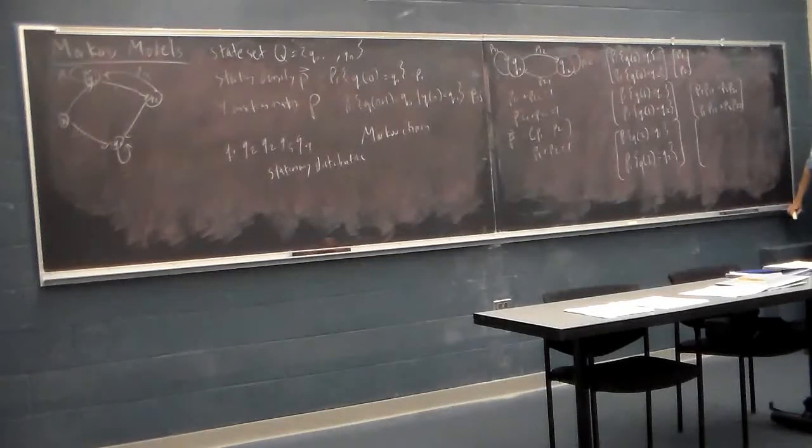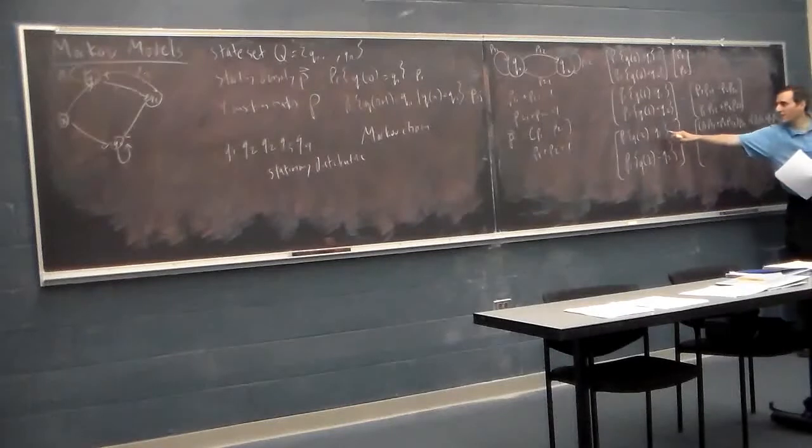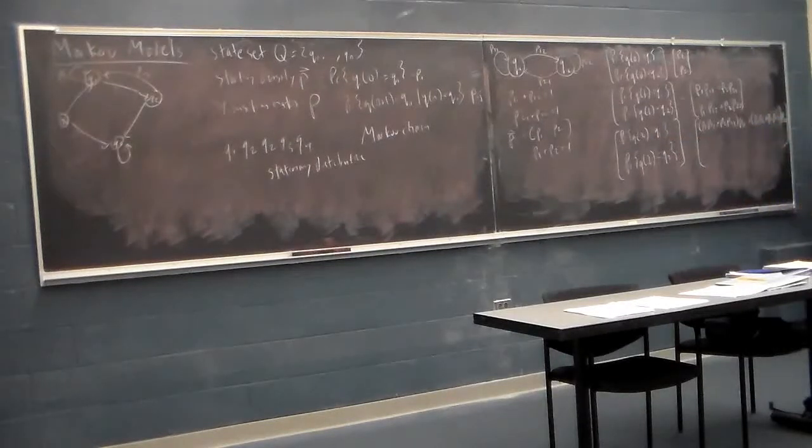We would say either it was in state 1 at step 1, we have that probability here, P1 P11 plus P2 P21, and then stayed in state 1, the probability P11, or it was in state 2 at step 1 with probability P1 P12 plus P2 P22, and then it moved to state 1 with probability P21. So this whole thing would be the probability it's in state 1 at step 2.